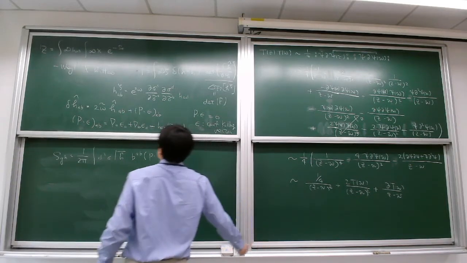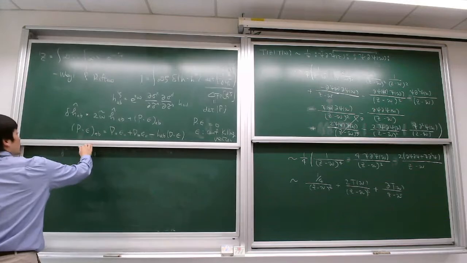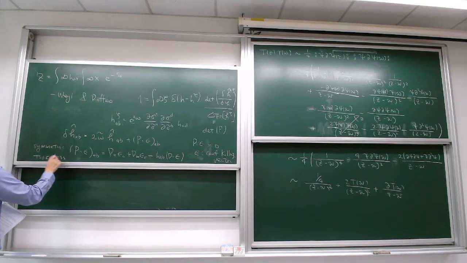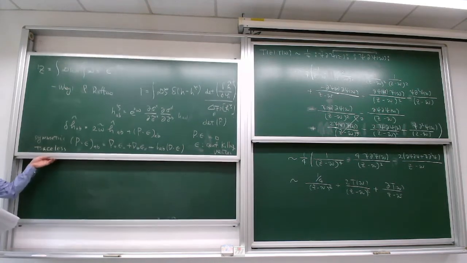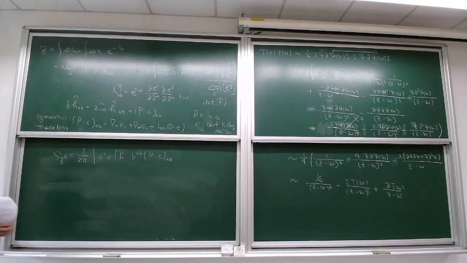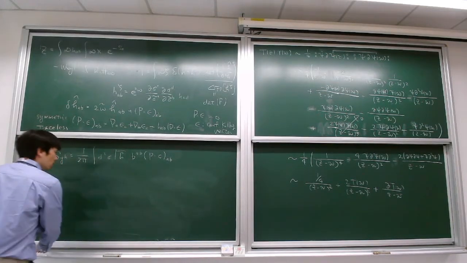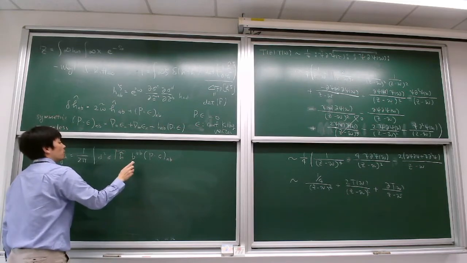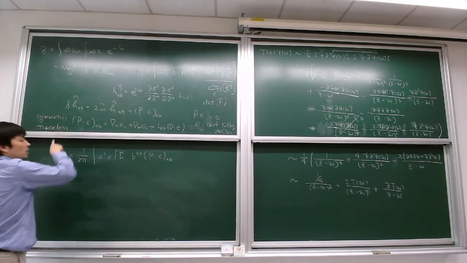This one is indeed, as you can easily see, symmetric and traceless. So therefore b_ab is also symmetric and traceless.